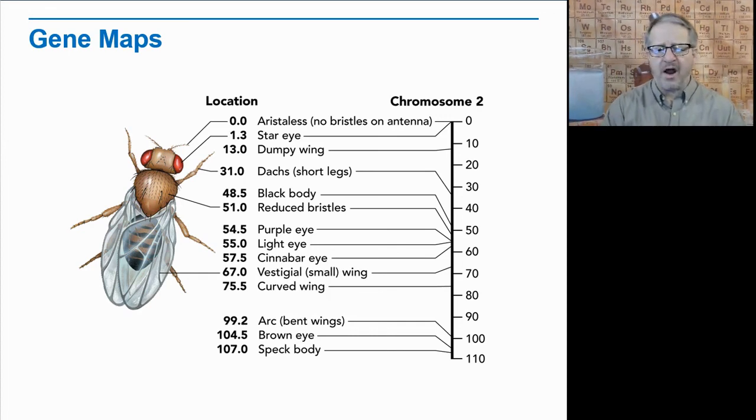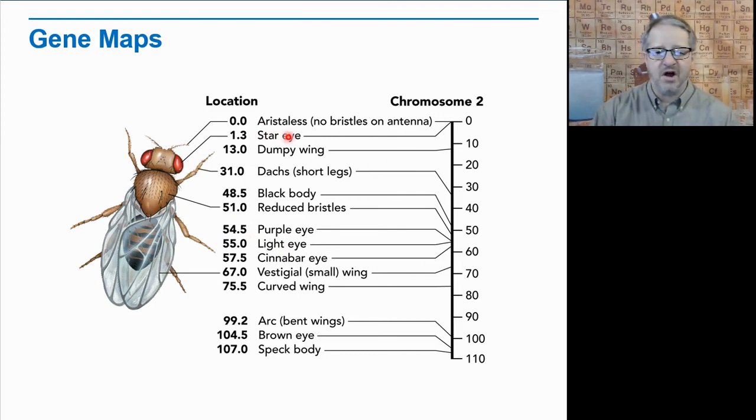So, where on the chromosome is the purple eye gene located? Let's see. We look for it right here. Boom. Purple eye. We are going to go to its location, and the location is at 54.5. So which genes are likely to be inherited together and why?